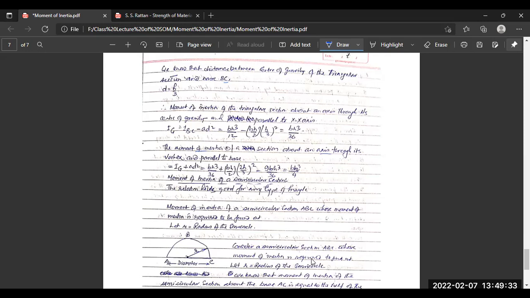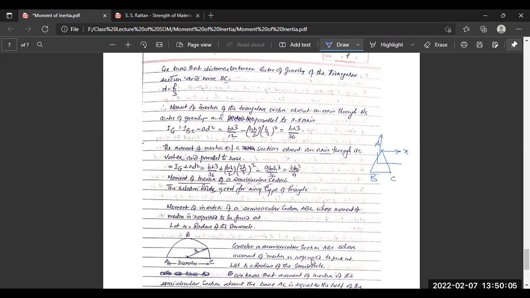This is the triangle ABC, the vertex is A, and our axis goes through here, say X. We want the moment of inertia about this axis passing through the vertex, where we know the moment of inertia about the CG.